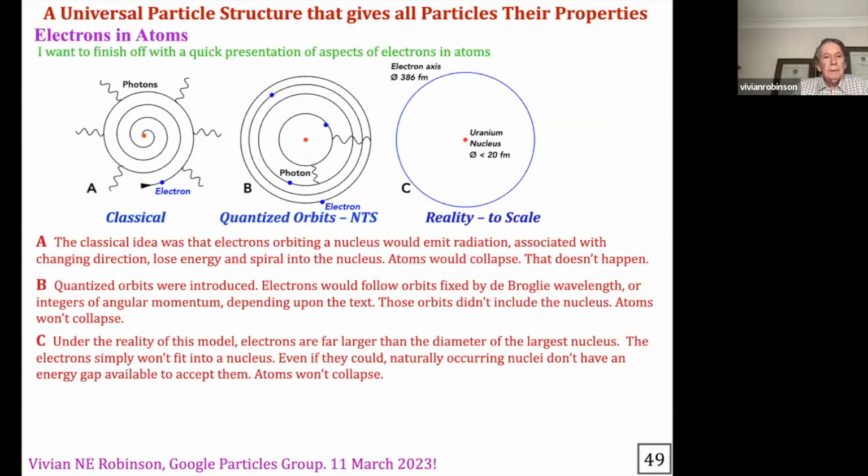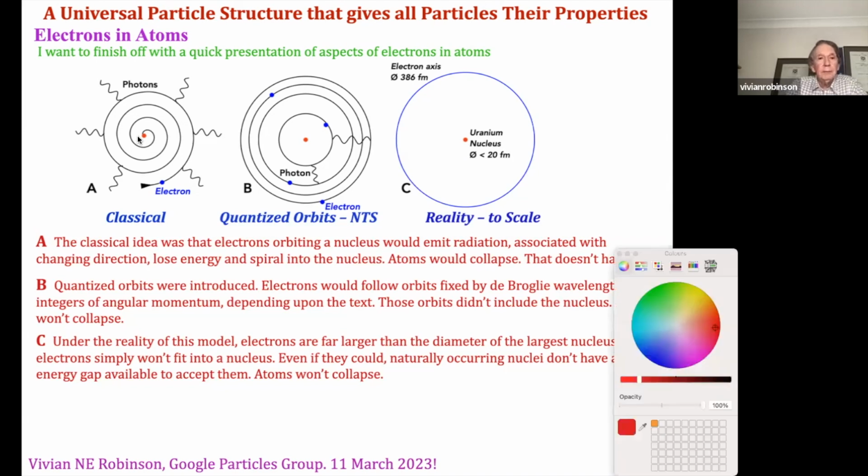But just to finish off, you can't really start building the universe around you until you put electrons around nuclei. The standard model was that, in classical physics, the electron spirals around, emits photons as it changes direction, and spirals into the nucleus, and the latest calculation suggested that would happen in about 10 to the minus 12 seconds.